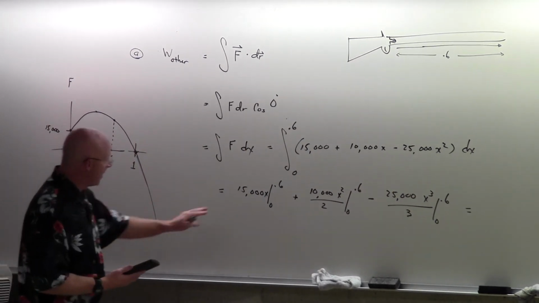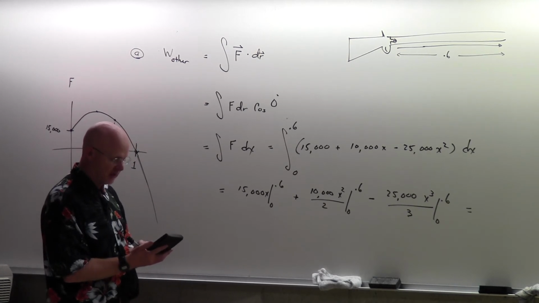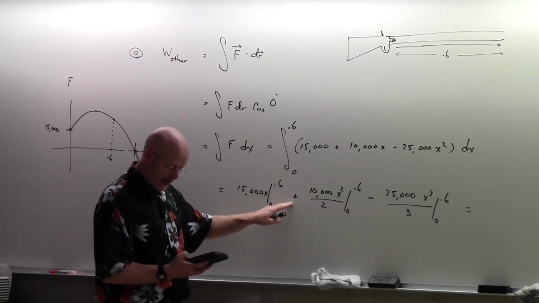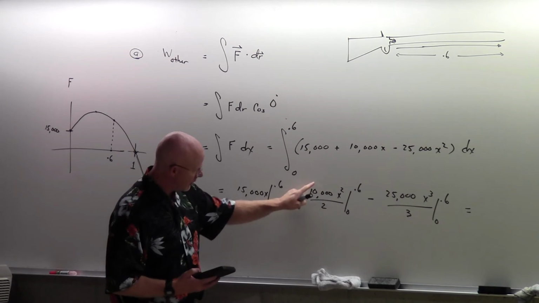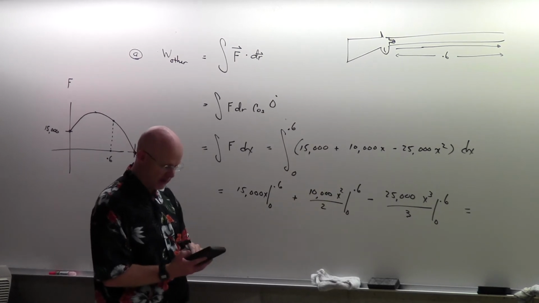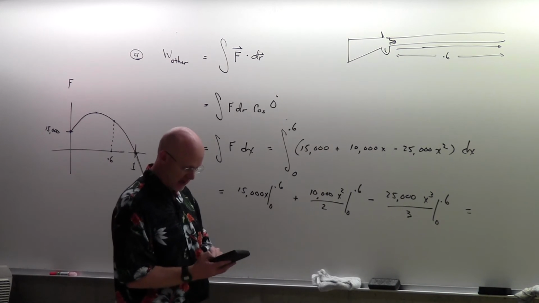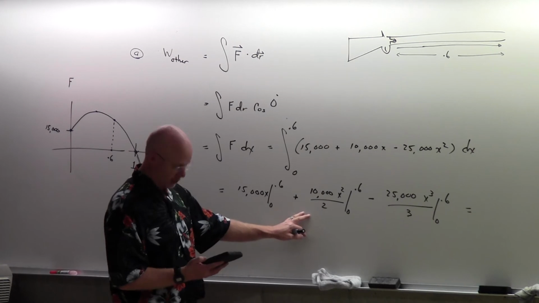All right, so putting in my numbers here, I have 15,000 times 0.6 minus 0. I would add to that, and just to make my life a little easier, I'll just call that 5,000 right there. So that's 5,000. And then I would go times 0.6 squared. So that would be those two terms.